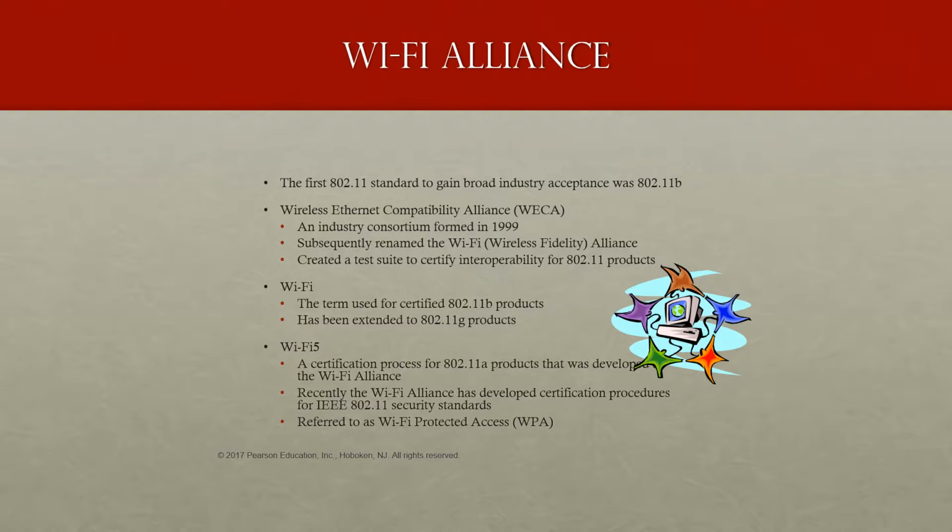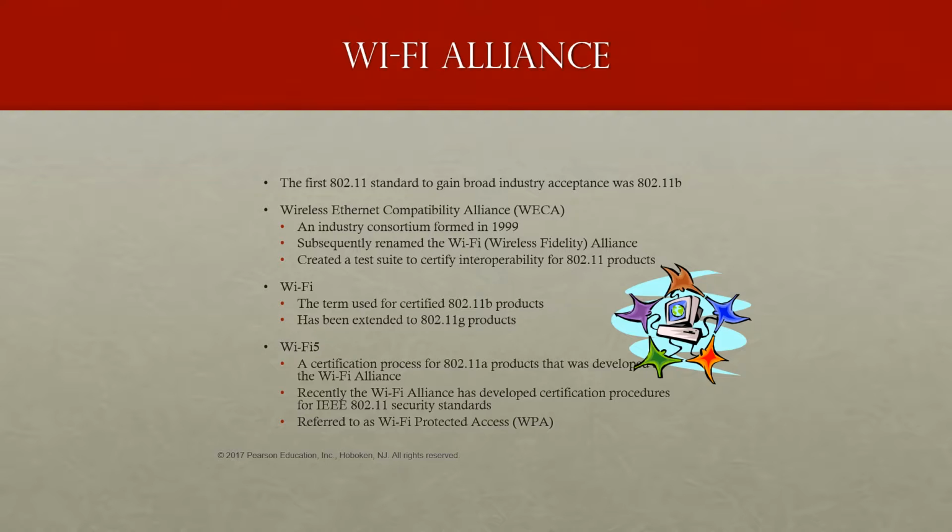Wi-Fi Alliance. The first 802.11 standard to gain broad industry acceptance was 802.11b. Although 802.11b products are all based on the same standard, there is always a concern whether products from different vendors will successfully interoperate.